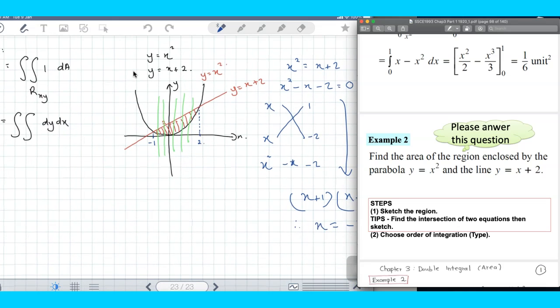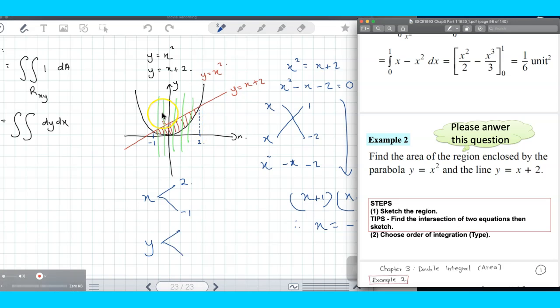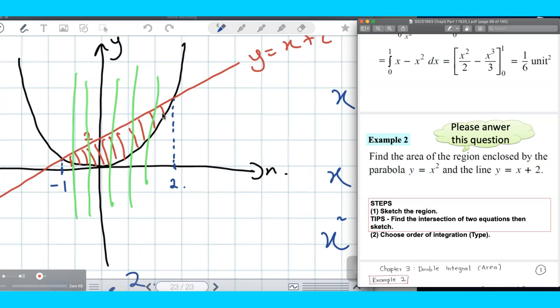So in terms of the limits of x, I can directly find that the lines are lying between minus 1 to 2. How about the limits of y? Just look closely at the region.